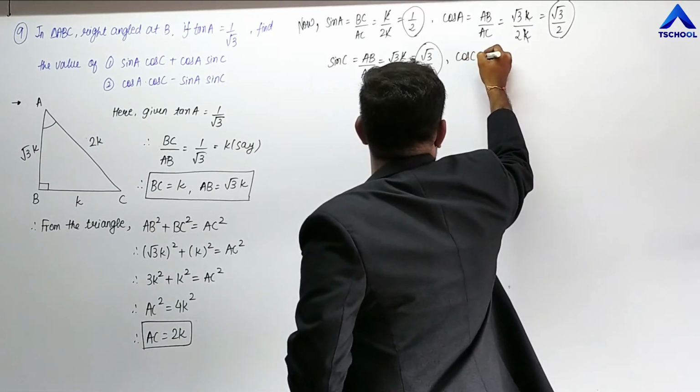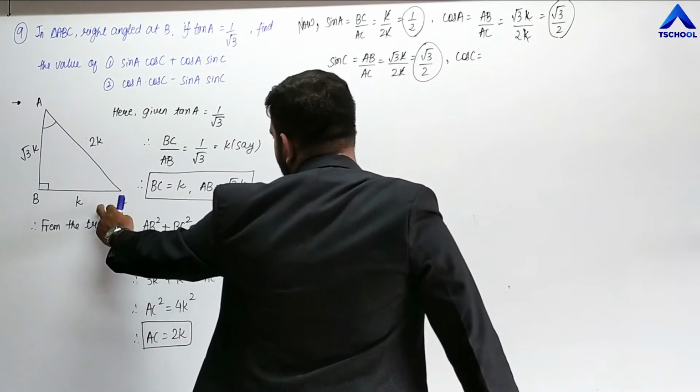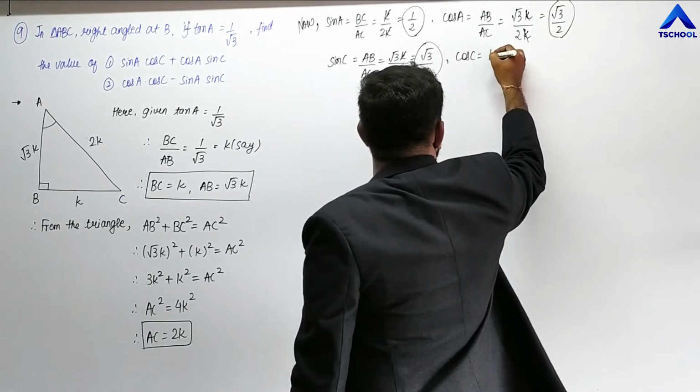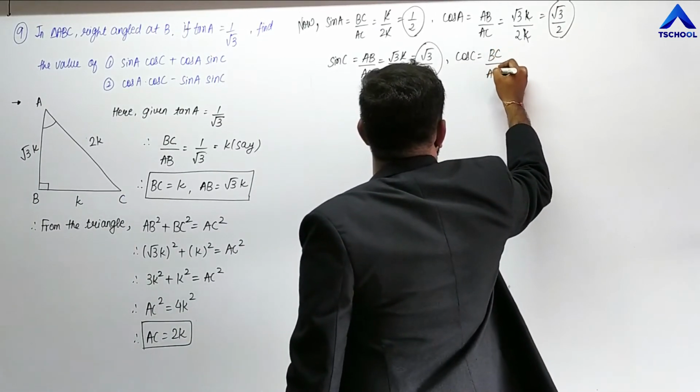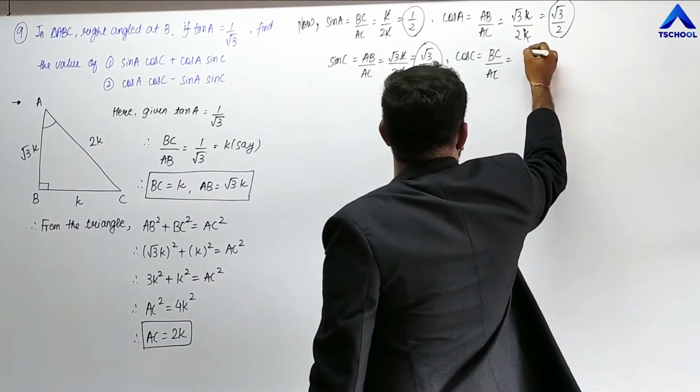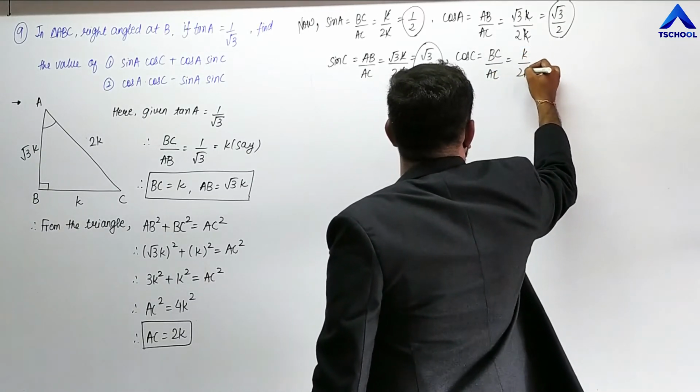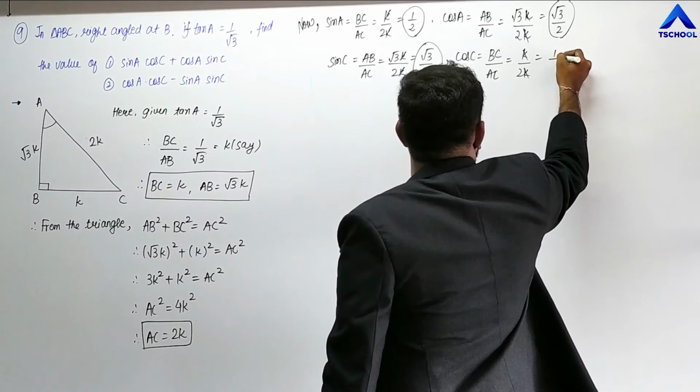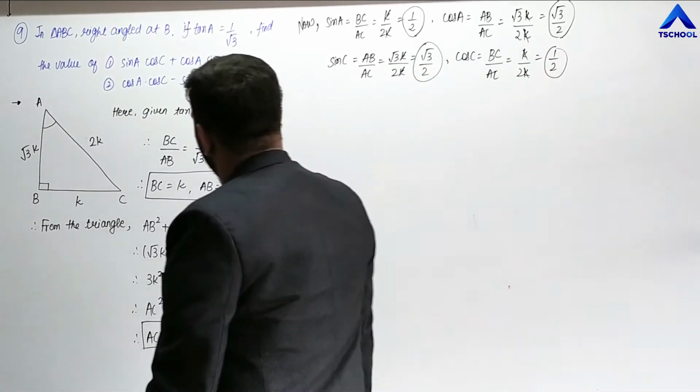And cos C is side adjacent to angle C, which is BC upon AC, that equals k upon 2k, which is 1 upon 2.